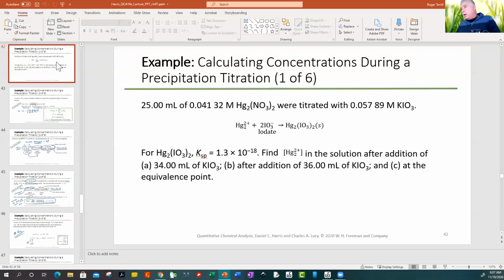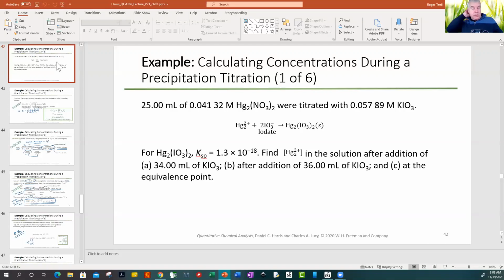And we are supposed to find the Hg2 2+ concentration at 3 points here: at 34 mLs, at VE, whatever that is, and at 36 mLs.